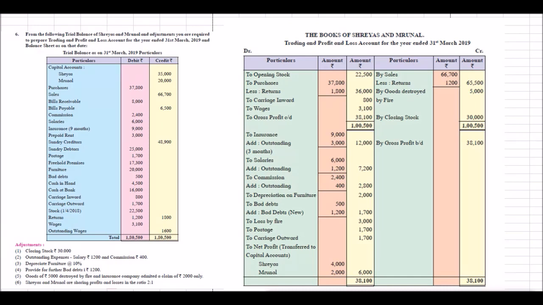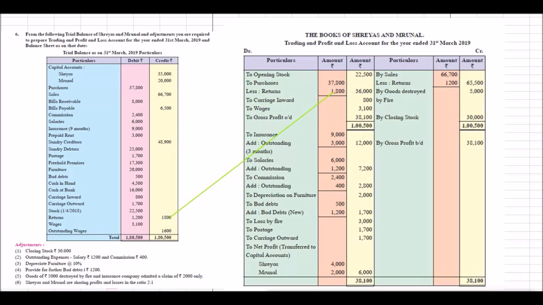So on the debit side it is sales returns, and purchase return is on the credit side, 1,800 rupees, that I have mentioned here: less purchase returns 1,800 rupees.